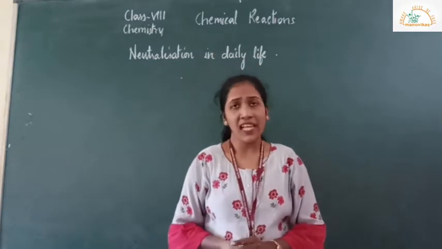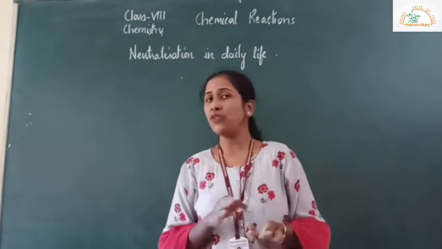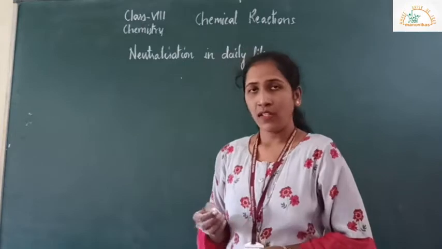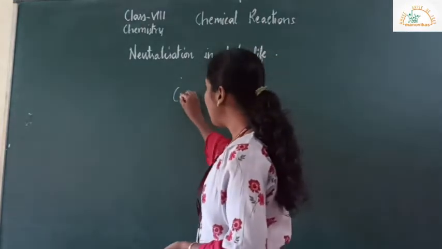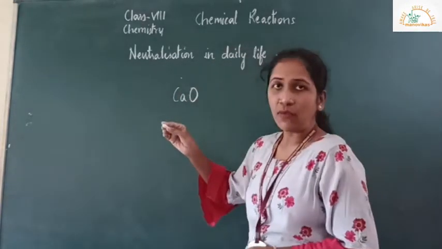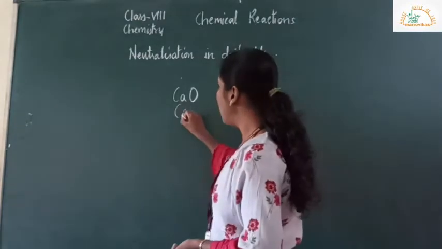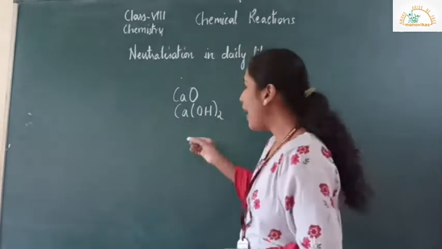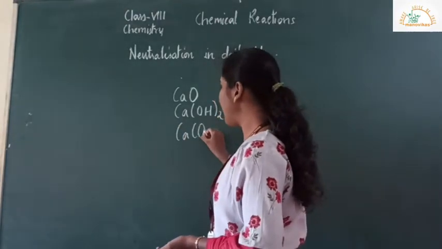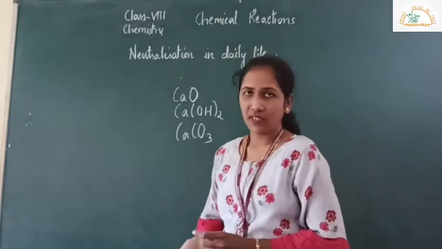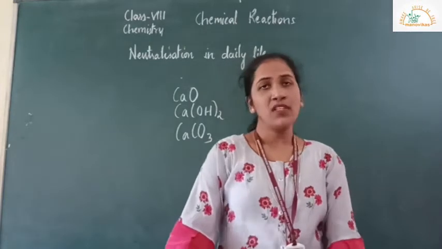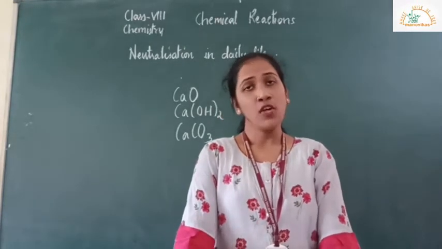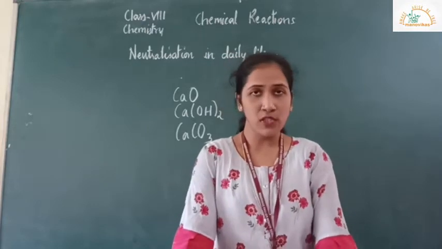Now if the soil is acidic, in order to neutralize it or to maintain the pH, we use a base, that is calcium oxide, which is called quicklime, calcium hydroxide, which is called slaked lime, and chalk, which we call calcium carbonate. Okay. If the soil is basic, in that case, to neutralize it, we use sulfate salts.